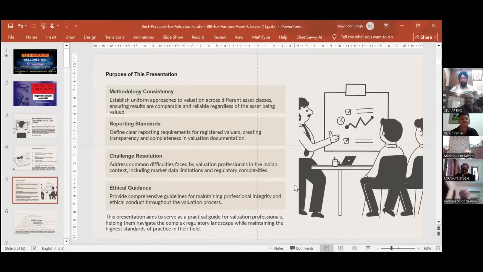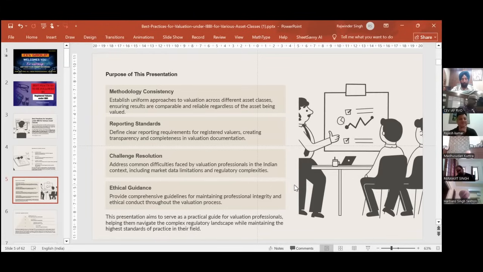The purpose of this presentation is to detail the methods which, as valuers, we may be using for different asset classes, and to establish methodology consistency, meaning uniform approaches to valuation across asset classes, ensuring results are comparable and reliable regardless of the asset being valued.